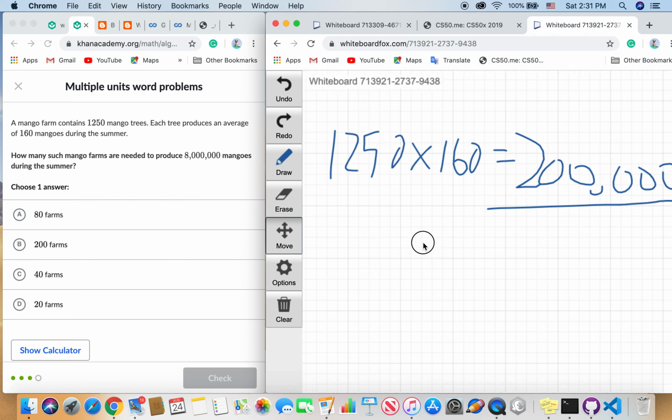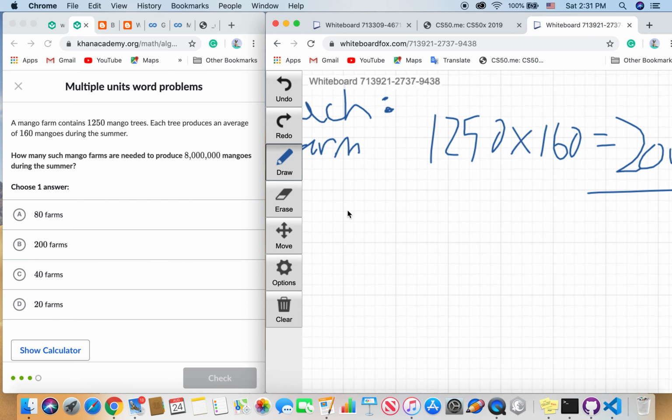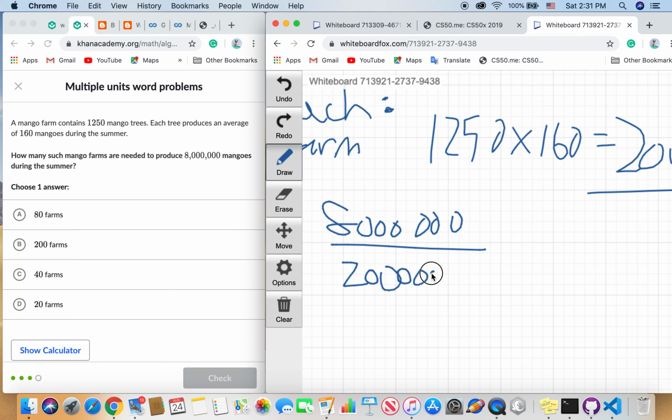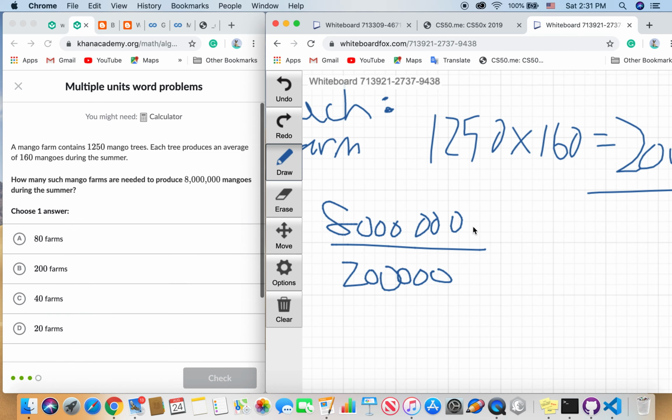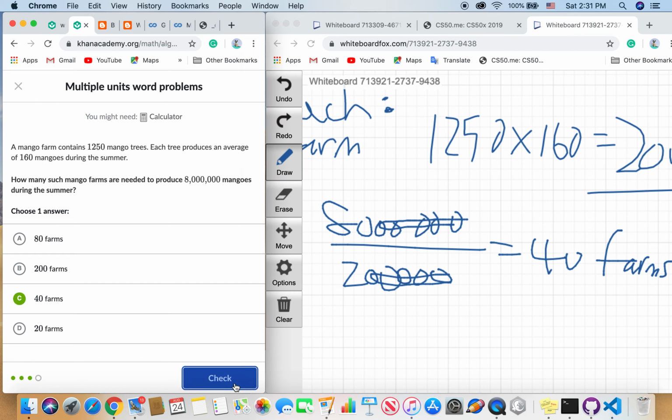So how many do we need to produce all of them? We will use 8 million divided by 200,000. Don't mess up with zeros. Okay, so let's cancel off 5 zeros and 5 zeros, which gives us the answer as 40 farms. And that should be the answer.